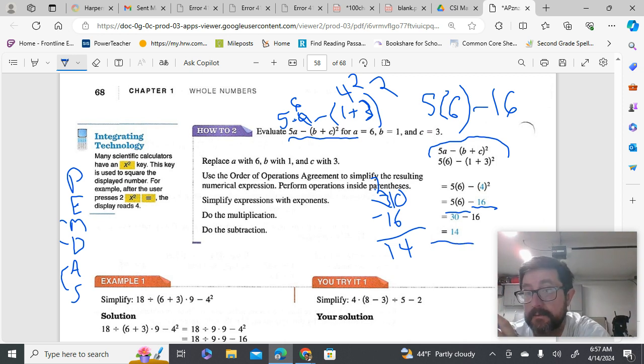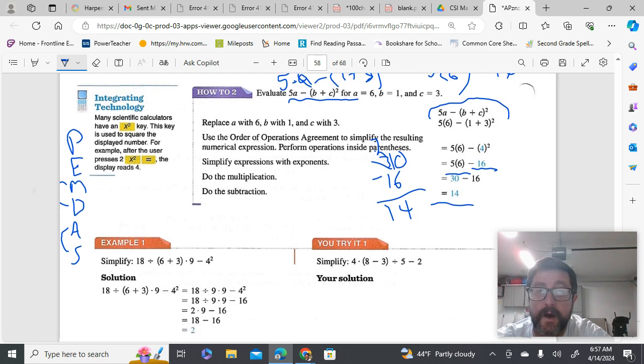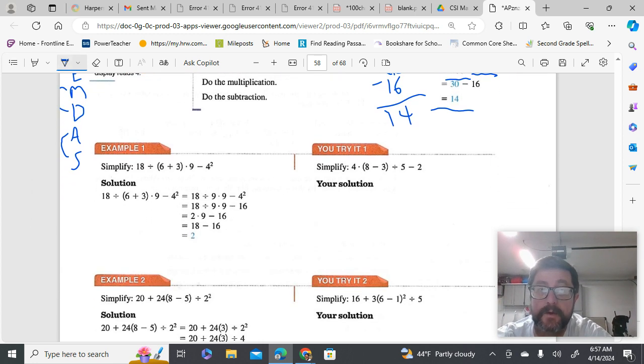Now, when you get into math this high, a lot of people are going to use a calculator, okay? And I don't mind if you do that, because this math, you're well beyond my class, what I am teaching in my class. And I want you to be successful in a higher level math class.